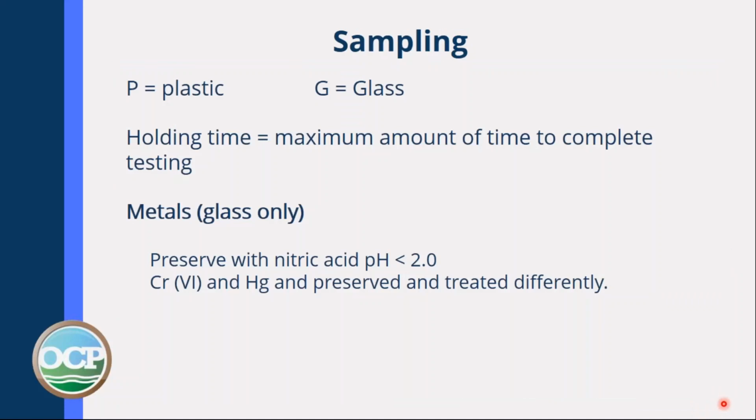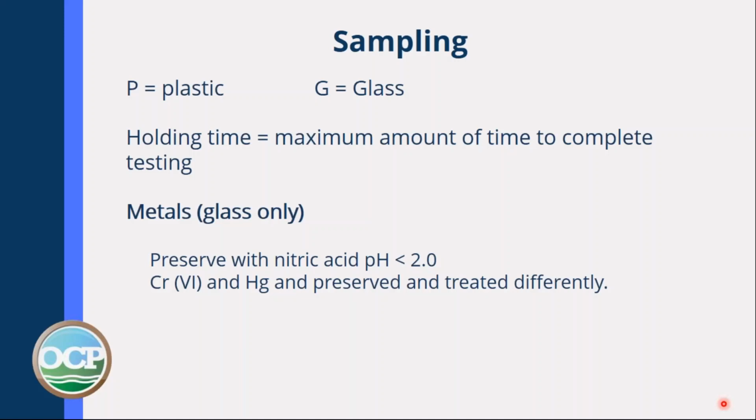So when you sample for analysis of the waters that you're going to discharge, there are some things that are important to understand for each parameter or pollutant: whether you collect it in plastic or glass. If you want to go back to the previous slide, you will see that it will determine which you can use.